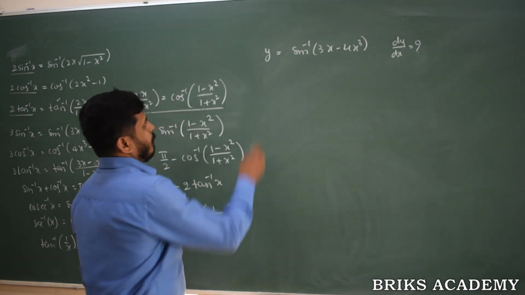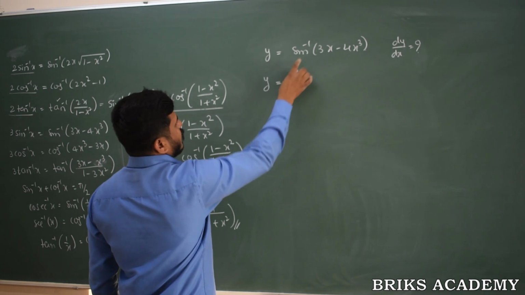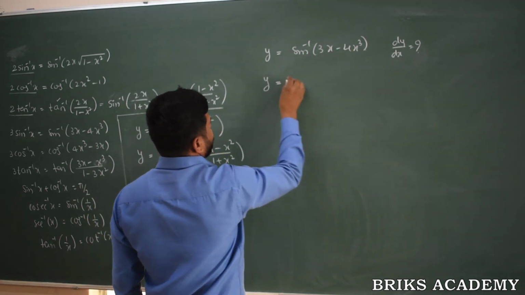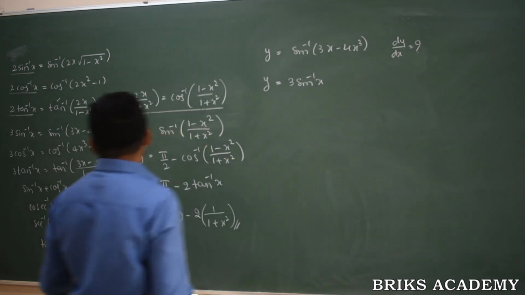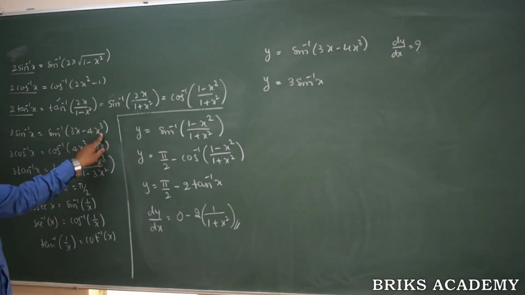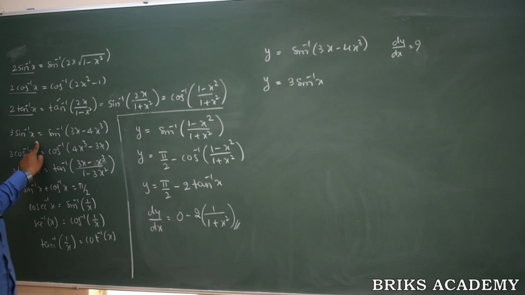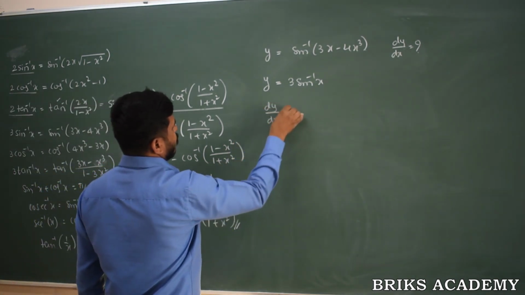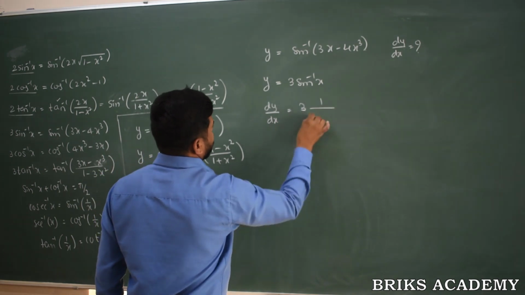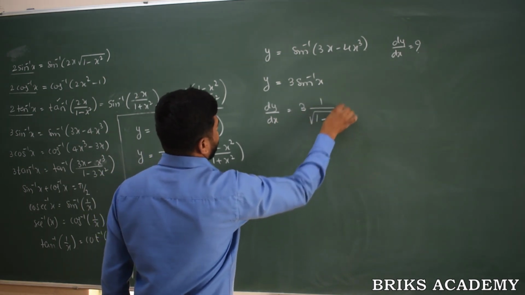Now y is equal to sin inverse of 3x minus 4x cube, which is nothing but 3 sin inverse x. It's the formula I wrote here. Now differentiate. dy by dx is equal to 3 into the differentiation of sin inverse x, which is 1 by root of 1 minus x square.